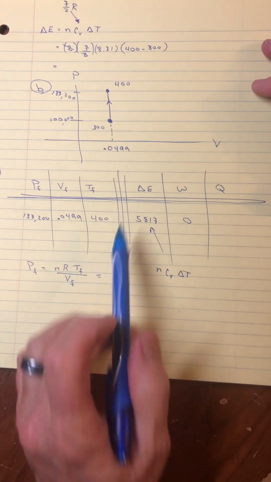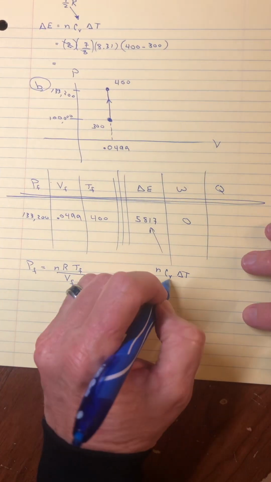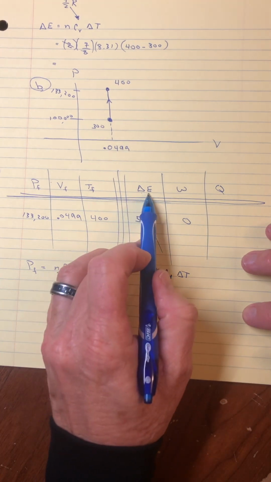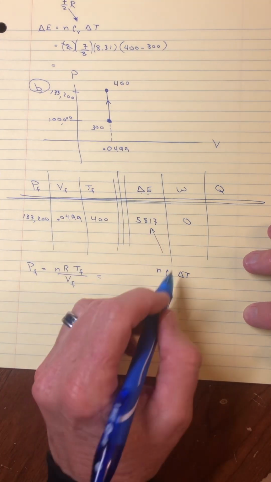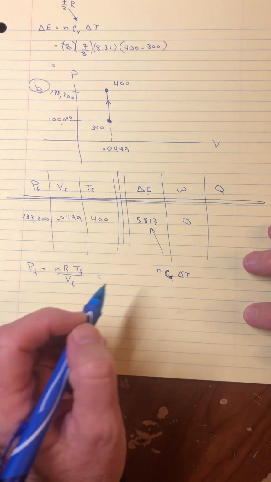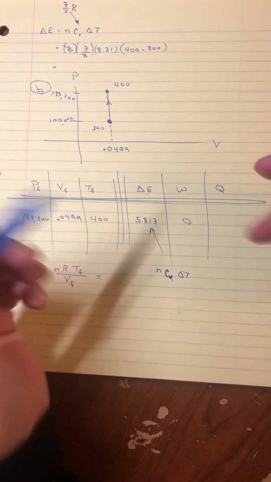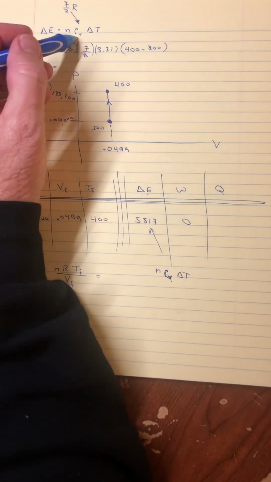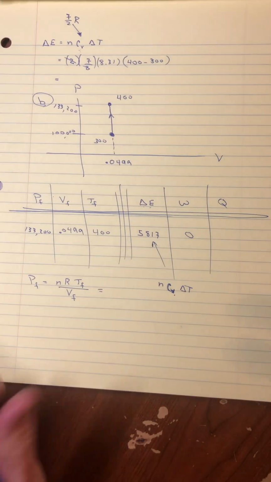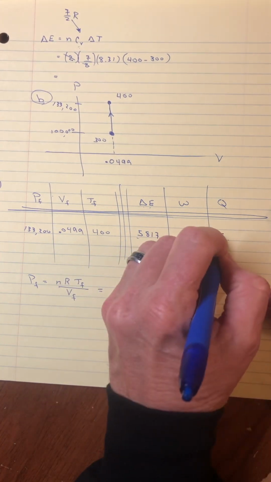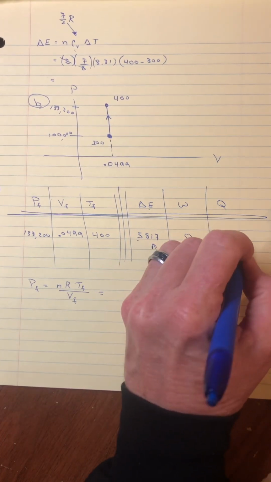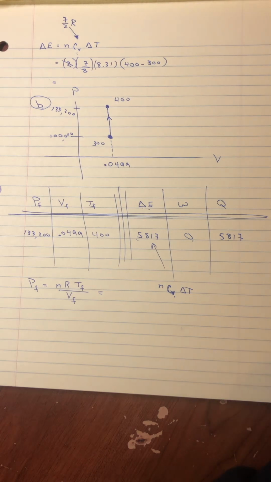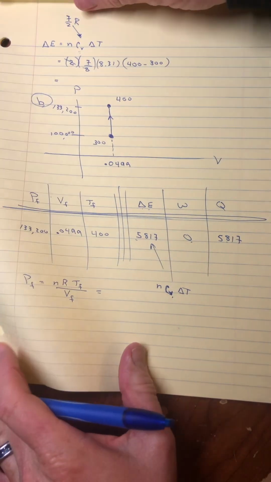And so it's going to end up being the same energy here. And like I said, delta E being a state function means I can use the Cv, even if it's not constant volume. Although for B, this is constant volume, so that's not confusing. But I used it back here when I had constant pressure. And then, of course, these two have to add up to that one, so that's just 5,817 there also. So that's the neat thing about B.